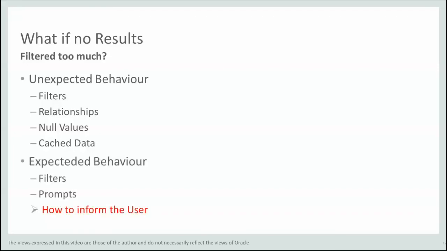Or this is actually expected behavior. It is actually a good thing, and the goal of the report was to look for data that was wrong in the system. Not having results would then correspond to no wrong data. In this case, it is important to know that we can influence the message a user gets to see. Very often, the message a user gets to see when a report contains no data is very technical, when it could be replaced with a business-driven message like this.